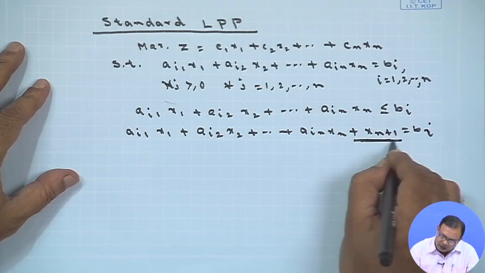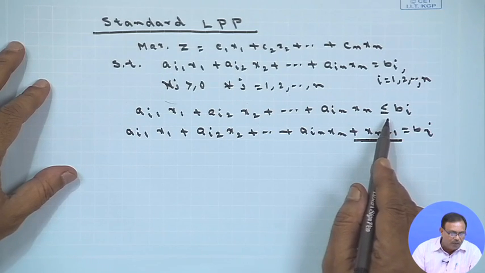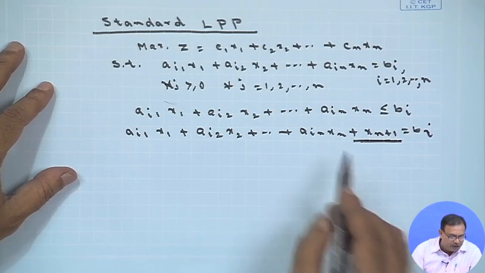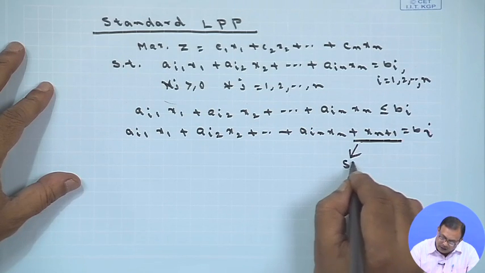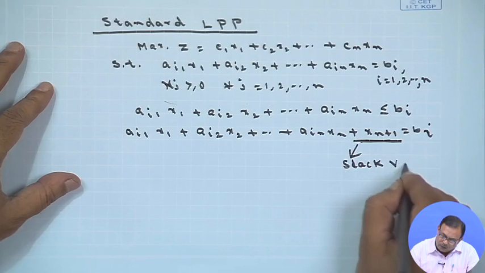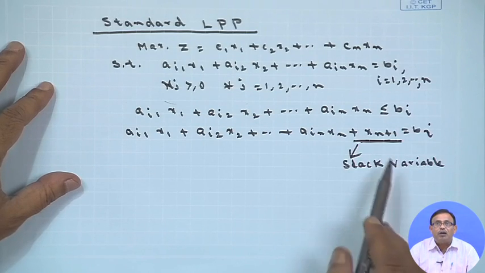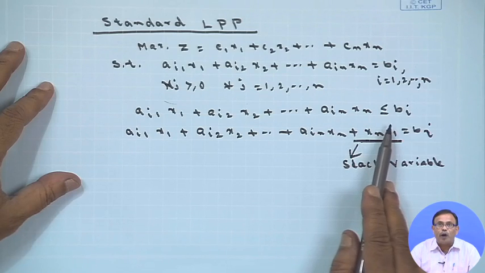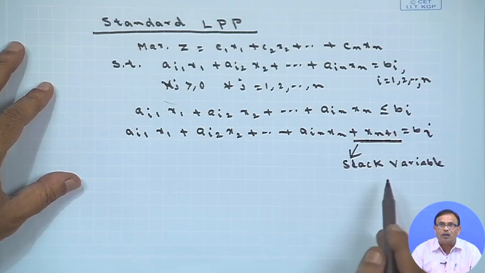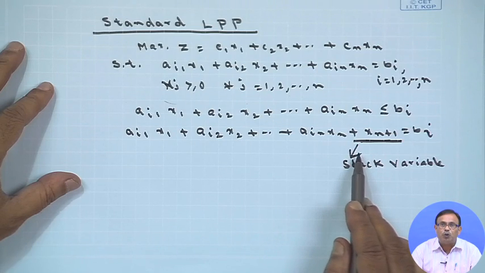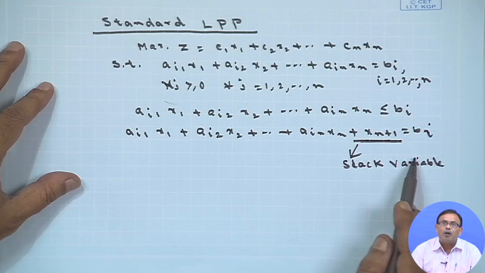Please note that I have added one more variable since it was less than equals type, and this xn plus 1 we call the slack variable. So, basically we add a slack variable where the inequality is less than equals type, to make it into an equation.